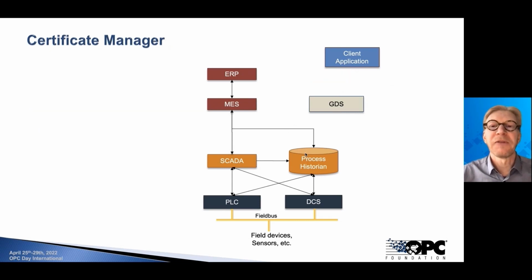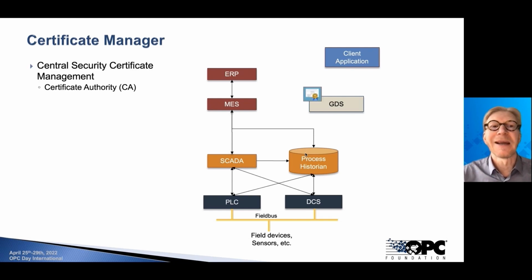The other main functionality is the certificate manager, and in this role, the GDS can function as a certificate authority, or it can be a front end to a certificate authority that is somewhere behind it. But in this case, it provides standard OPC UA interfaces for using the certificate authority features.